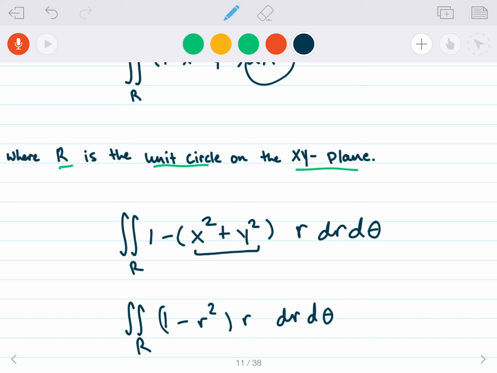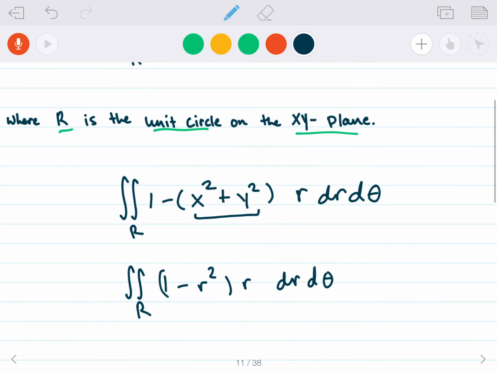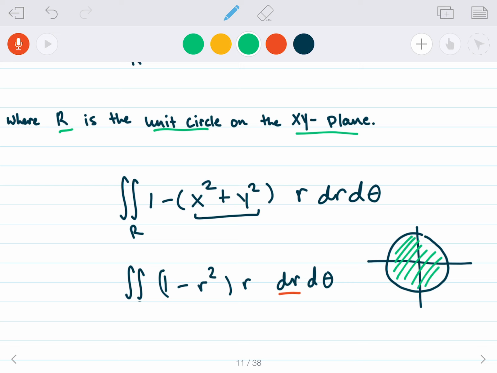Now I want to go ahead and set up my bounds based on my region. It says R is a unit circle on the xy plane. That's the region of integration. Since I'm integrating with respect to r first, my radius, so this is my unit circle.